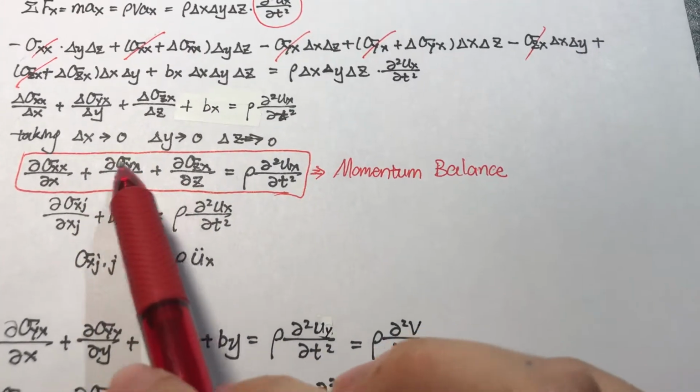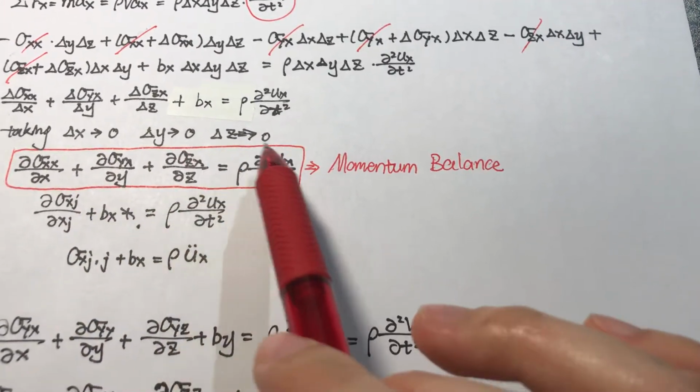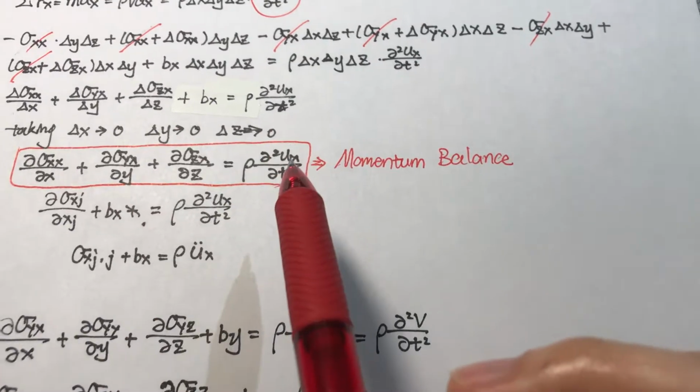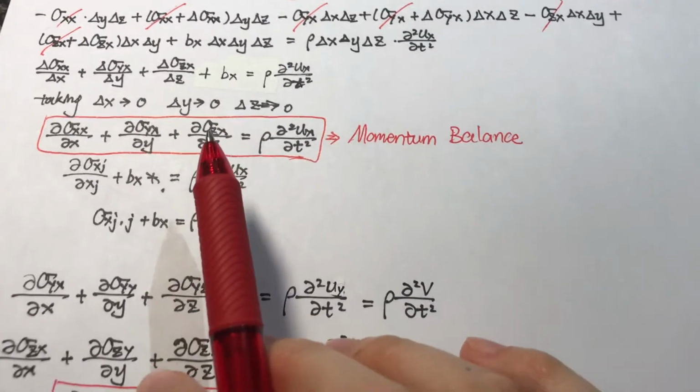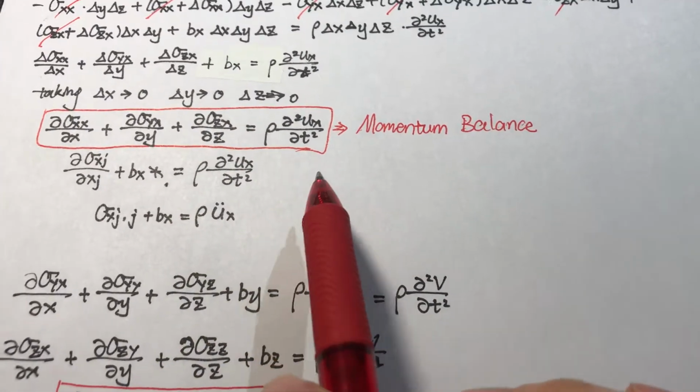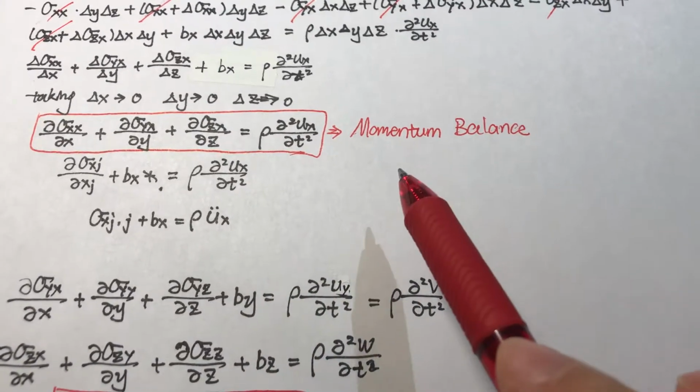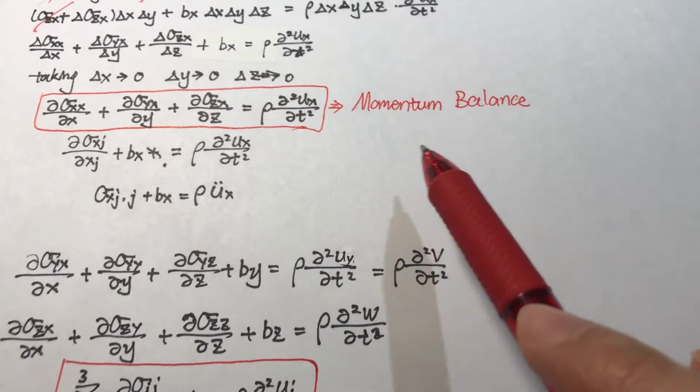And we take delta x, delta y, and delta z going to zero, because we assume they are very small. So we finally obtain this one. This is actually the equation for the momentum balance.